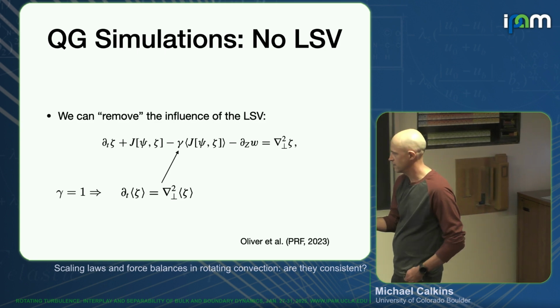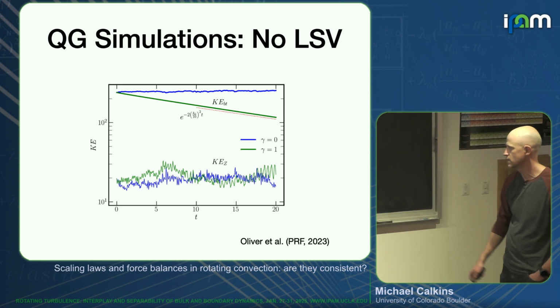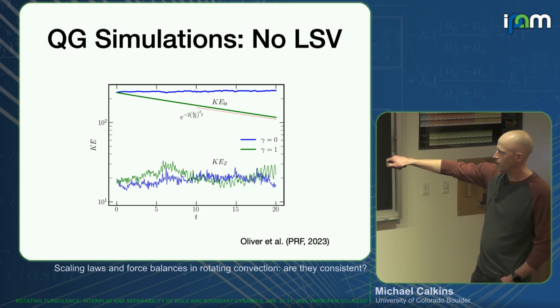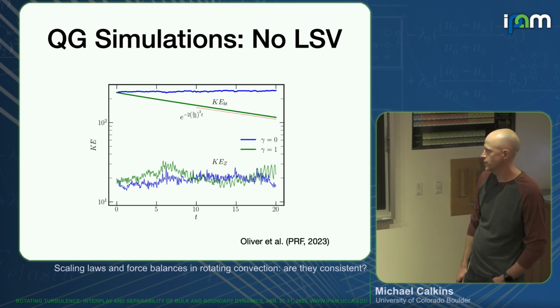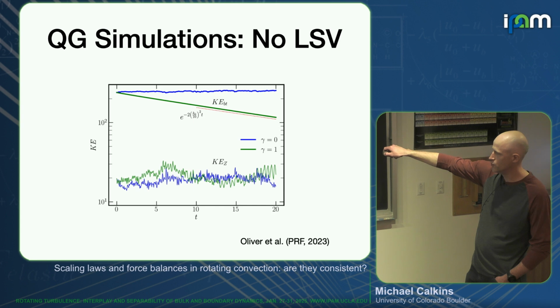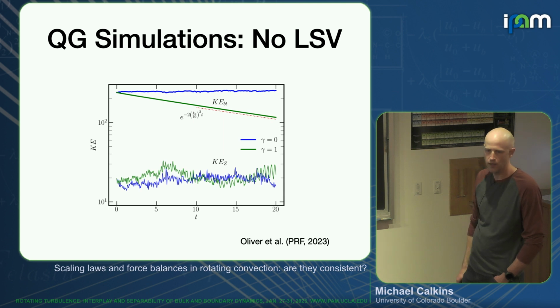And so Tobias did that, and this is an example of what happens when you do this. This is a plot showing the kinetic energy as a function of time in a typical simulation. The blue data points are showing the standard QG simulations with gamma equal to 0. So the large-scale vortex is present in that system, and it's saturated.